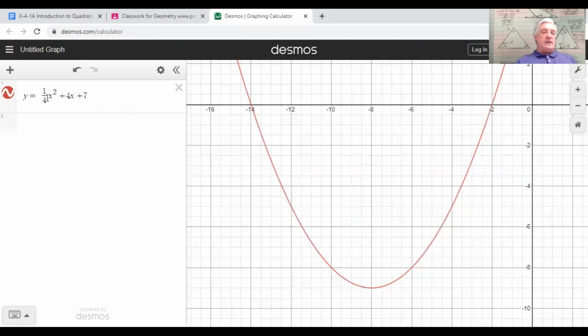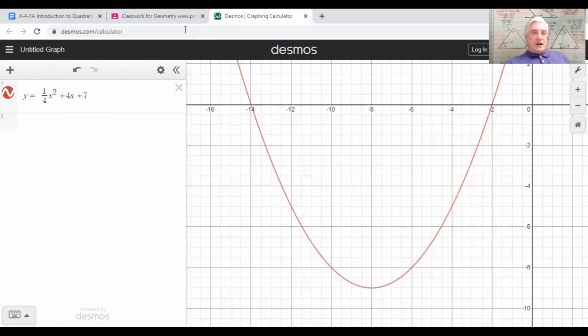And we're not going to worry about the equations right now. Today, you're just going to do some IXL work where you are going to find the vertex, the line of symmetry, the maximum or the minimum on these graphs. And that's what we need to learn about the parabola today.